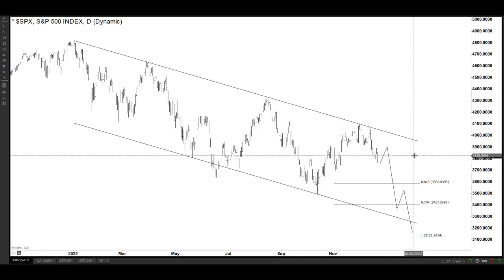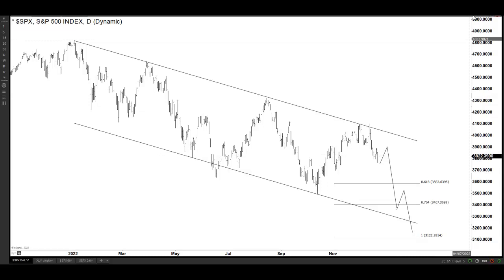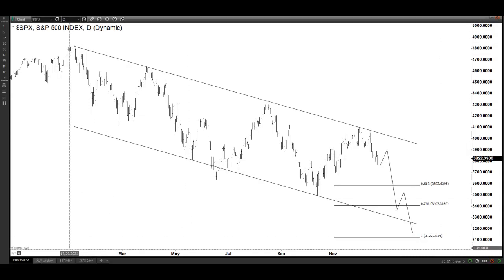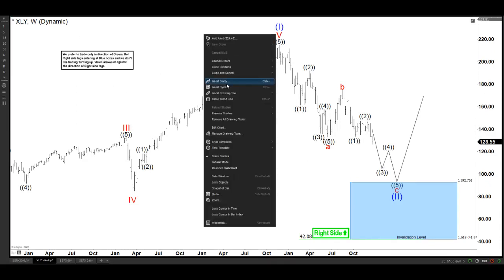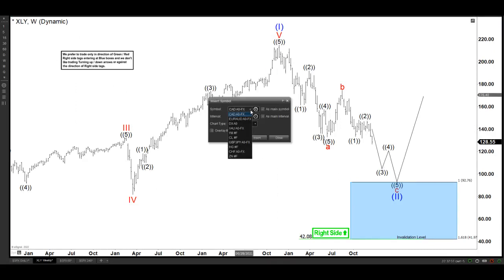That's possible. Now, like I explained earlier, that's possible because when we look at sectors like LSY, look, it's identical to the S&P in structure, even the same dates right here. If we overlay them, they're very similar right here, right?